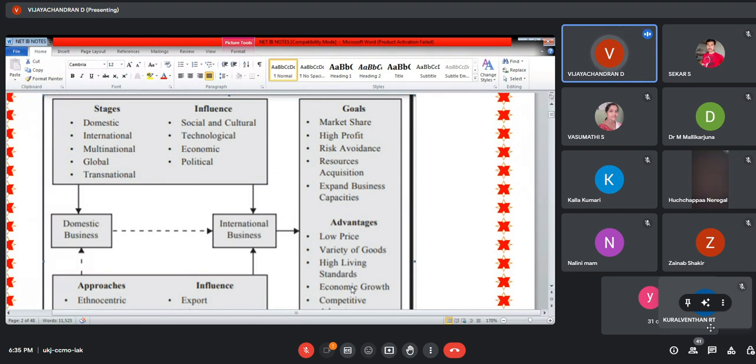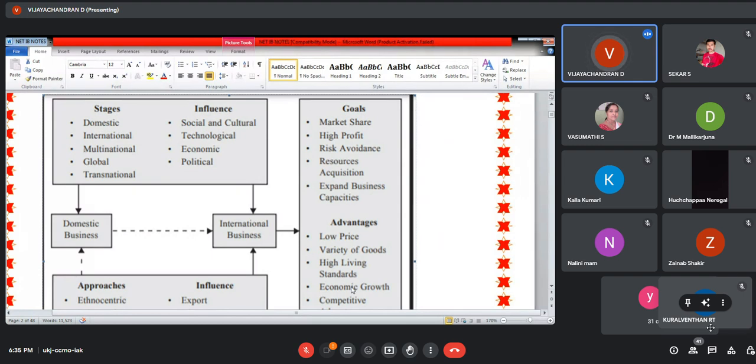What are the influences? What are the things you have to see while you are trading in other countries? In the case of multinational business, what are the factors you have to see? Say, for example, I will give an example regarding social and cultural factors. Our Indian people will not use black, so the color black is not a pleasant one.